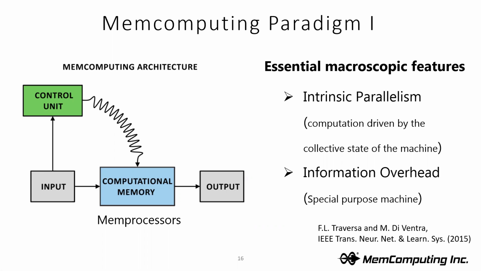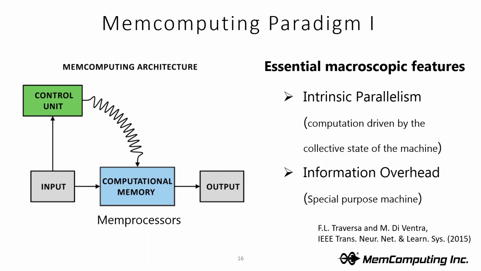Now, as a mathematical object, it must have some extra features. For example, we have defined an extra feature called intrinsic parallelism, which means that each of these processors will perform computation all in parallel. Basically, you can imagine a sort of collective state of all these processors that drives their state in time.